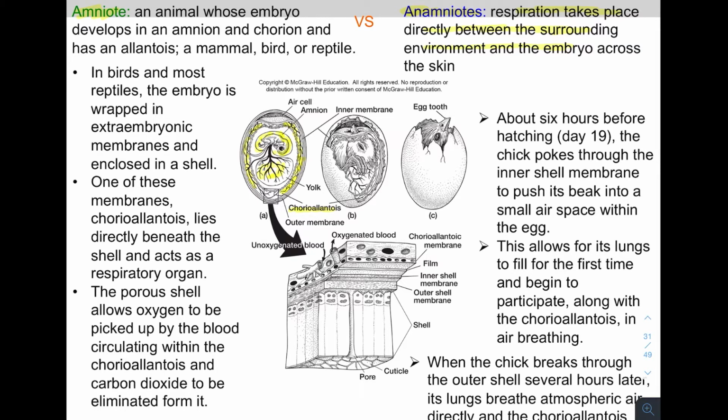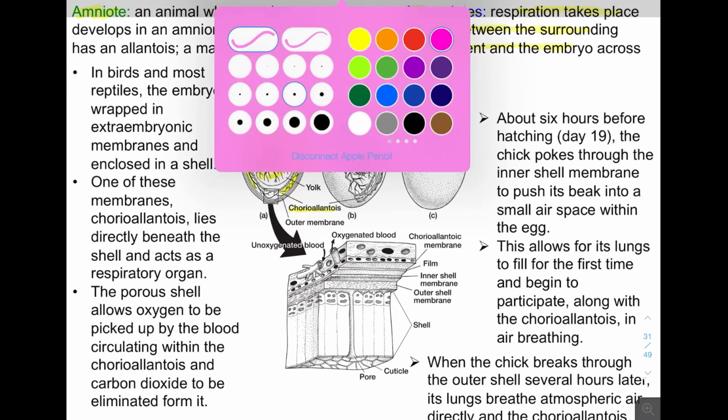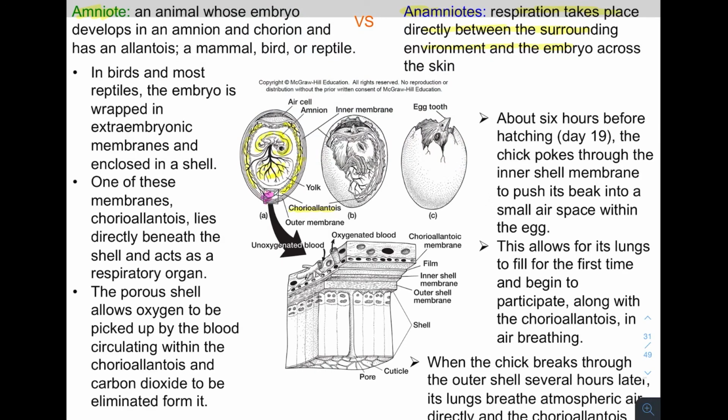And if we take whatever is in this box right here of the chorioallantois and magnify it, we're looking at it so that this part is the shell and this part is the chorioallantoic membrane. And you can see first off that the chorioallantoic membrane is extremely vascular.